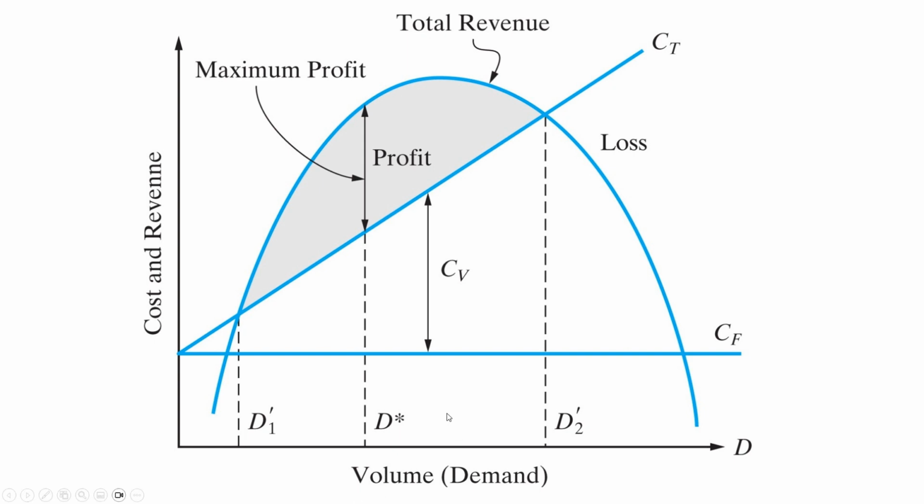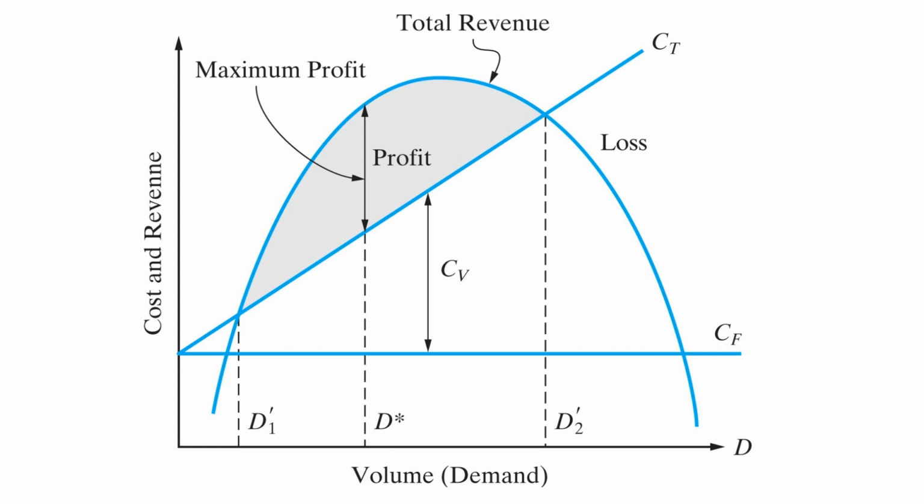So here's D star, and remember D hat was maximum revenue. Maximum revenue is not the same as maximum profit. So for maximum profit, we want to find out where revenue is above cost. Anytime revenue is above cost, it's profitable. So D prime 1 is the first point at which we're actually making profit.